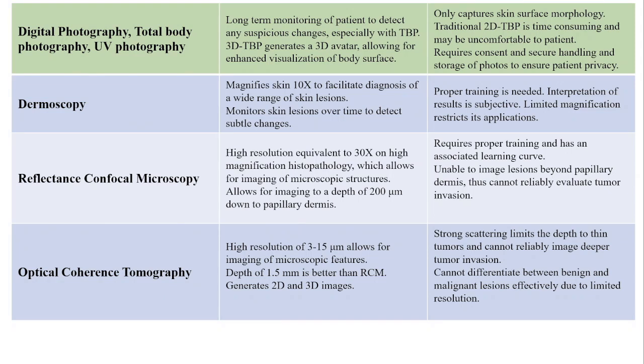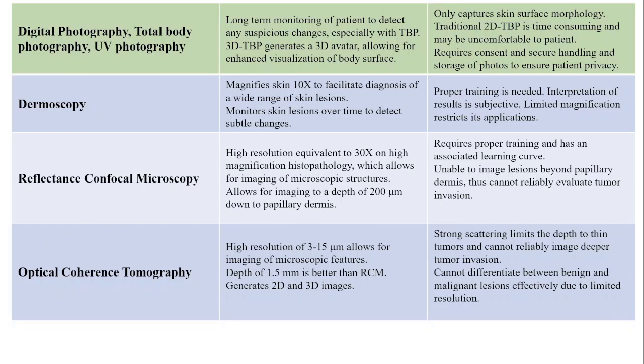And the current technologies that people are using readily include amazing digital imaging, digital photography in general, and then the use of total body photography, UV photography, as well as dermoscopy. Dermoscopy was a game-changing tool for clinicians in dermatology, just to use polarized light, right?